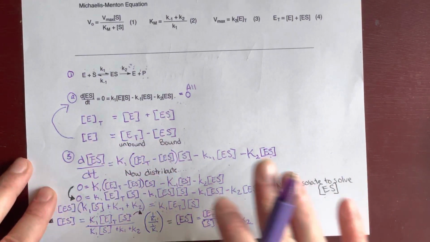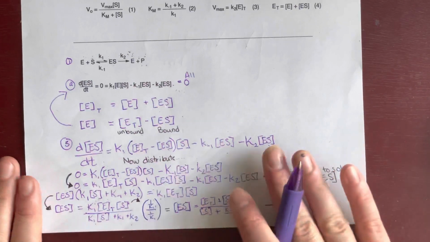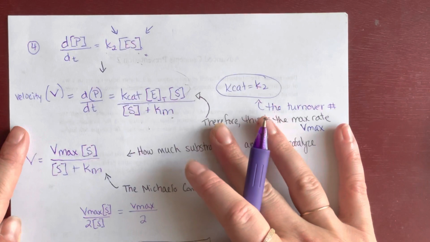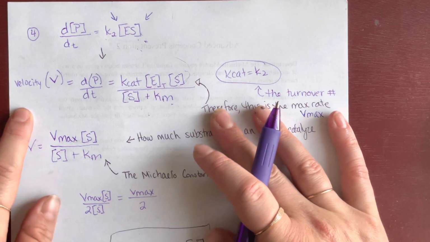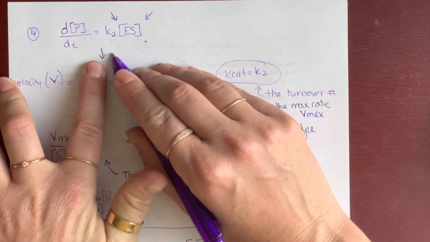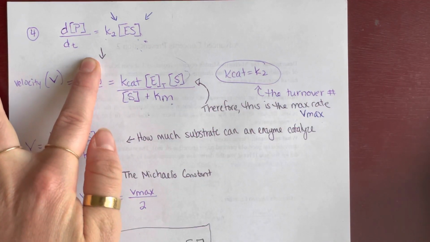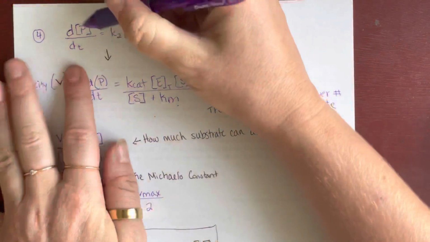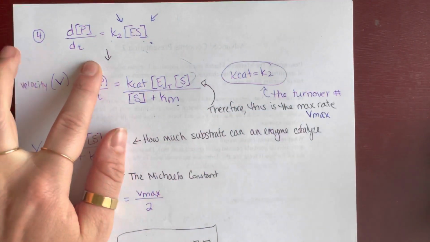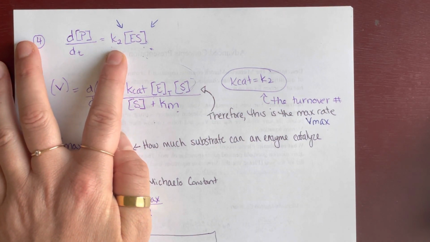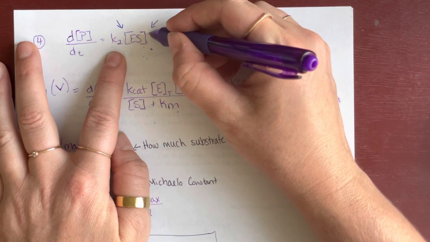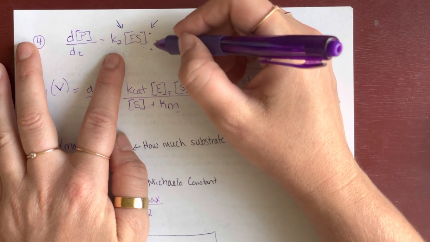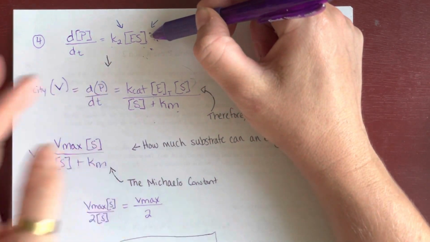All right, step 4 here I have labeled. The instantaneous rate of change for product P is a function of its reactants. For K2, there's only one reactant, and that's ES. So we know that the instantaneous rate for product P is K2 times the concentration of ES.